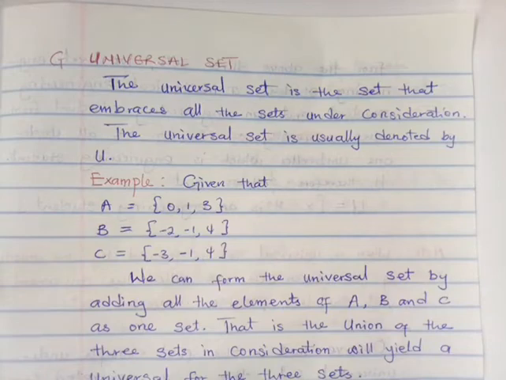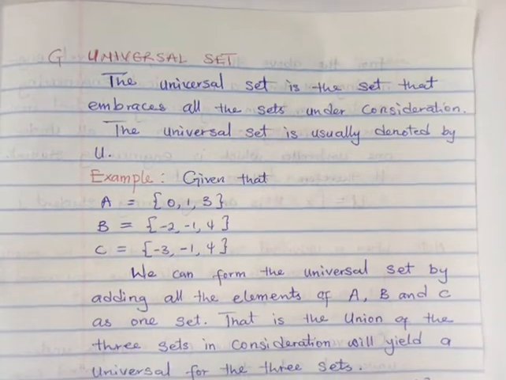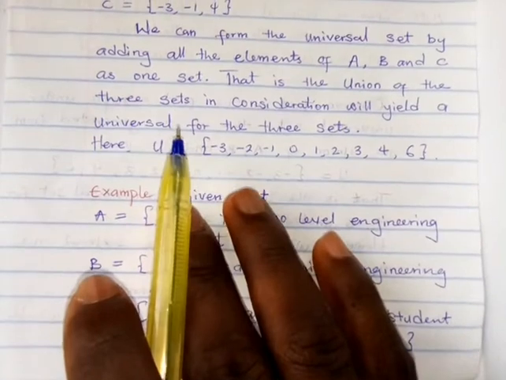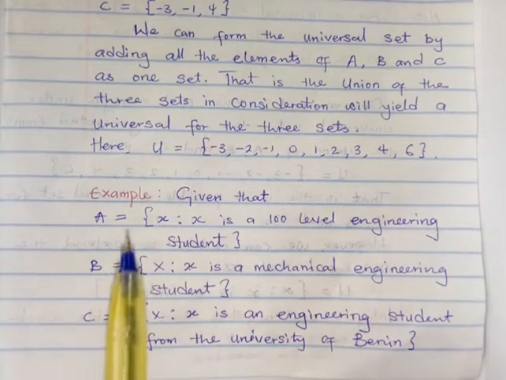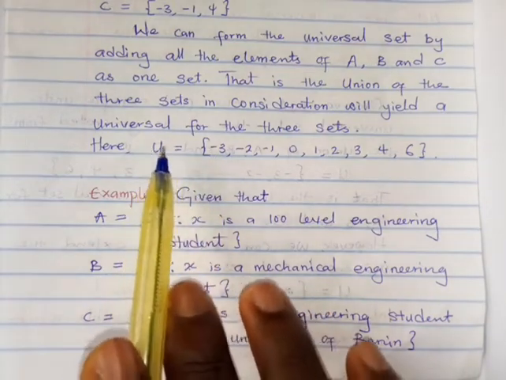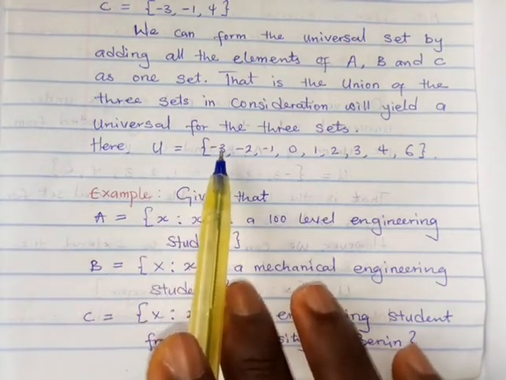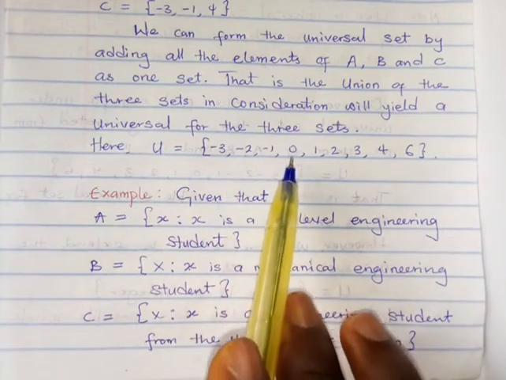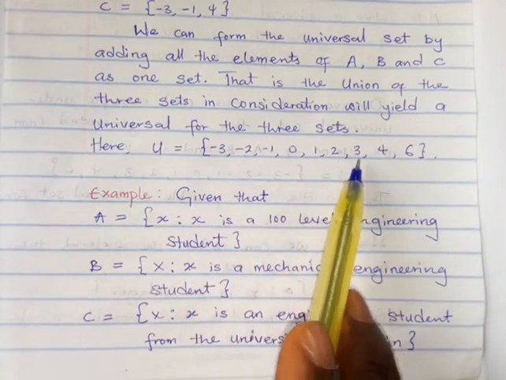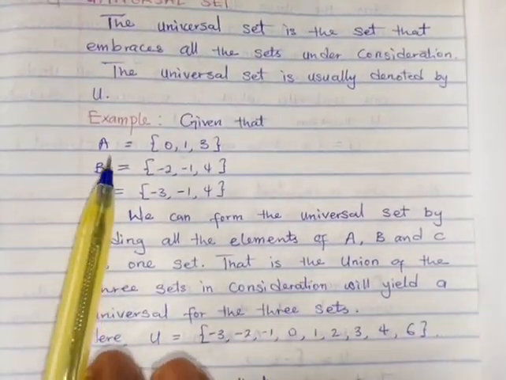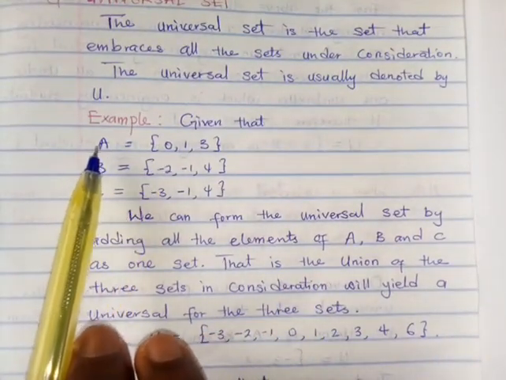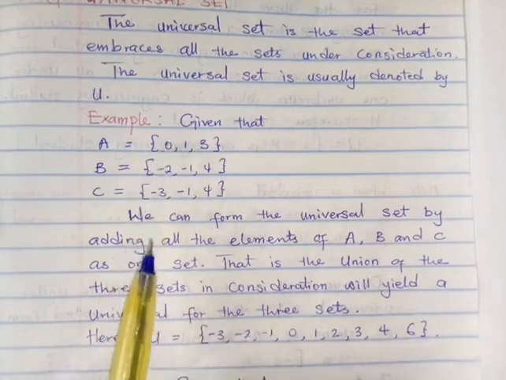That is, the union of the three sets in consideration will yield a universal set for the three sets. Here, U, which is our universal set, will be equal to {-3, -2, -1, 0, 1, 2, 3, 4, 6}. That is the addition of these three sets, their union.